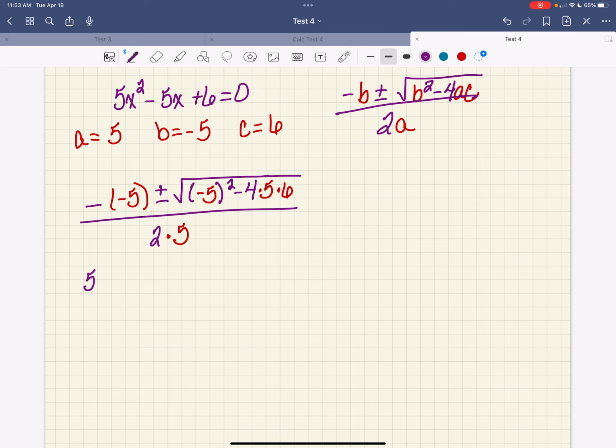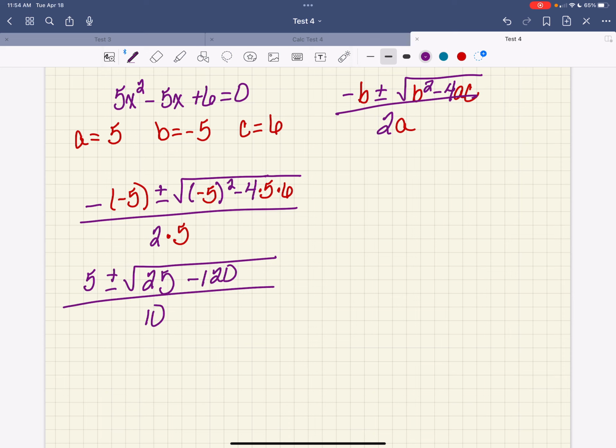Negative 5 squared is 25. Now I've got my minus 4 times 5 times 6. Negative 4 times 5 times 6. What does that give me? Good.